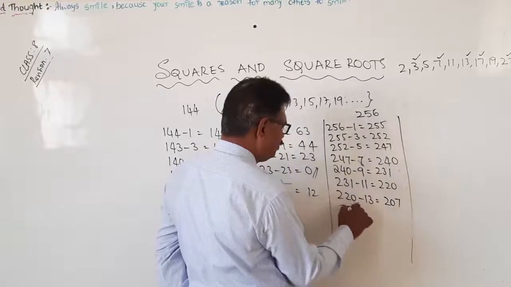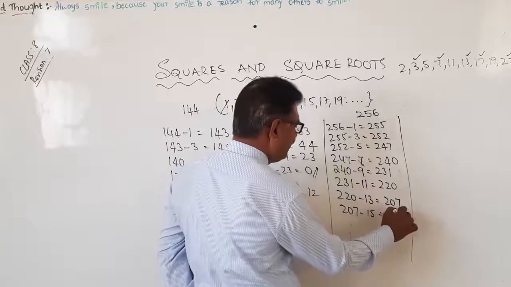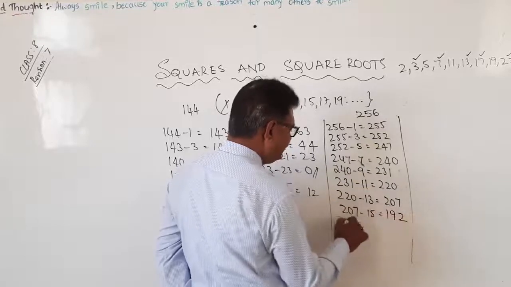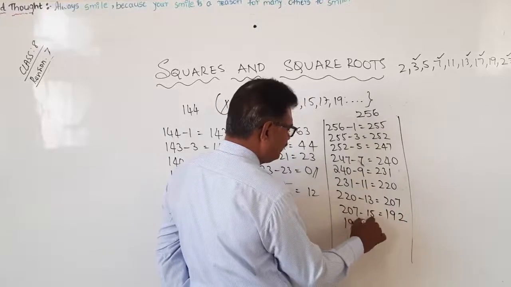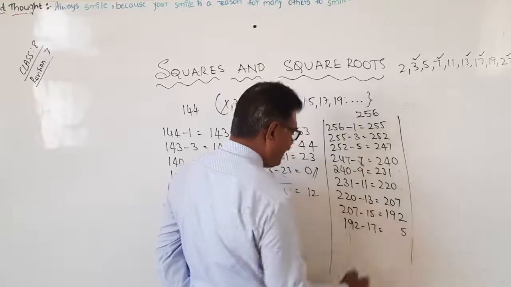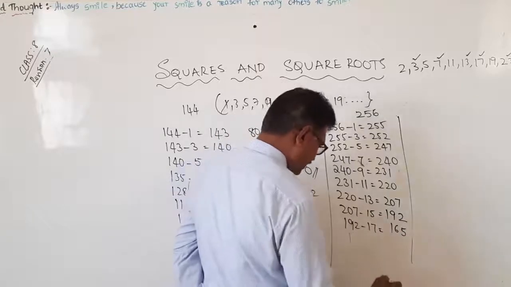207. 207 minus 15 is 192. So 192 minus 17 is 175. Okay?